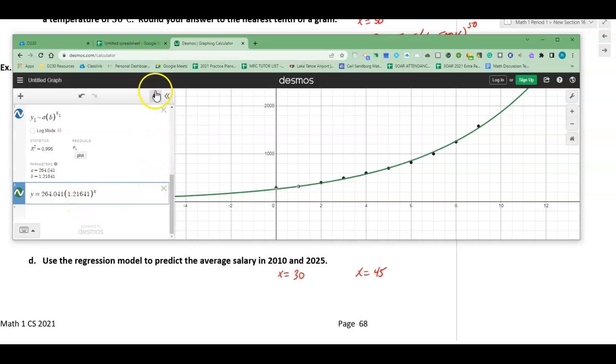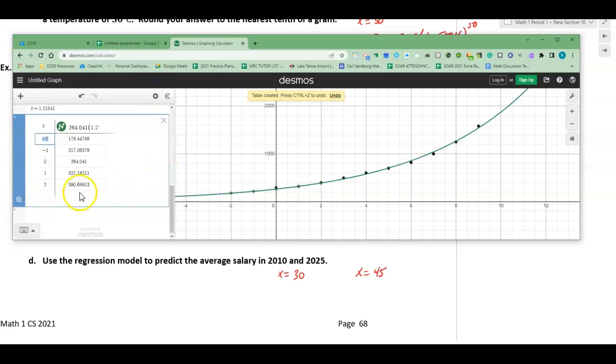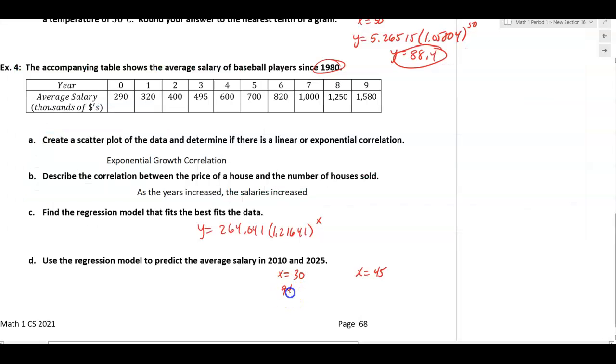And if I go to my table, in my x value, to find 2010, I would go 30, and that would be 94,204.